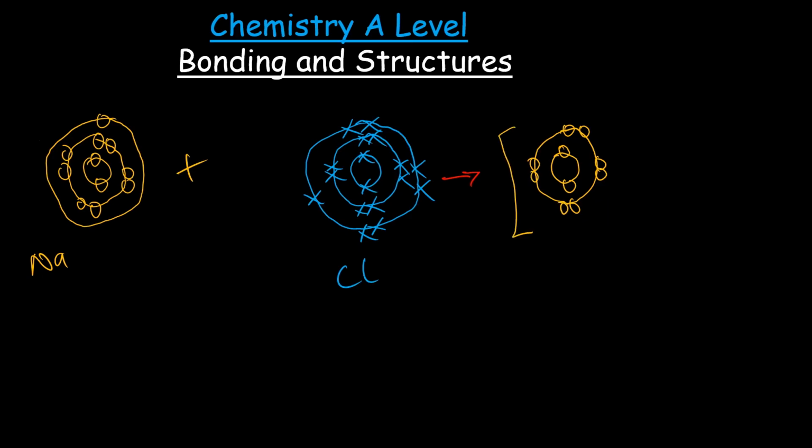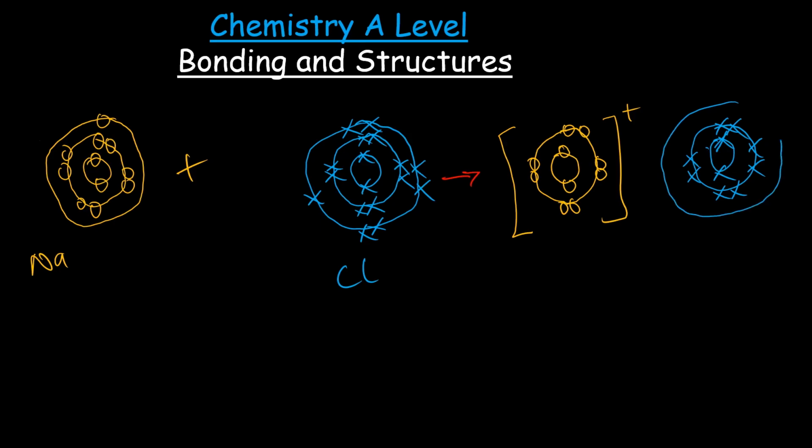So it becomes positively charged. Then the chlorine, we have 1, 2, 3, 4, 5, 6, 7, 8, 9, 10.